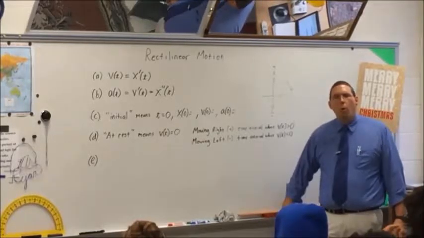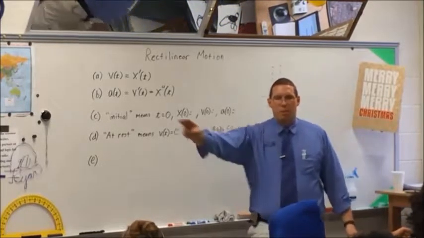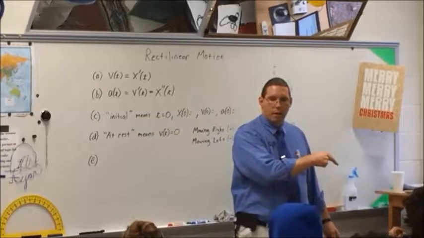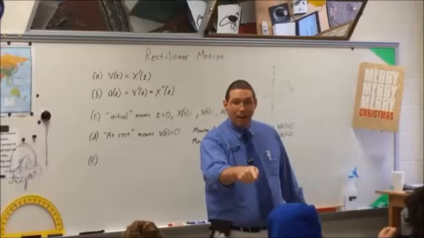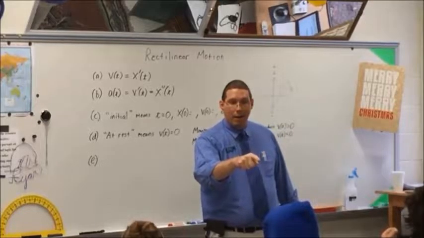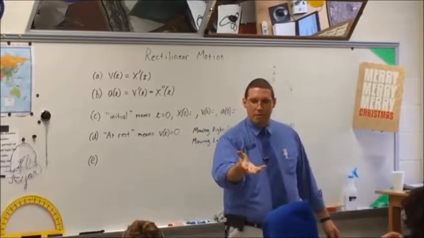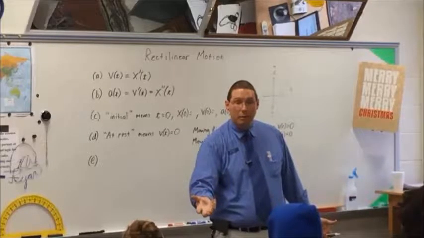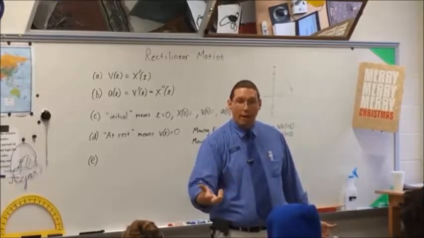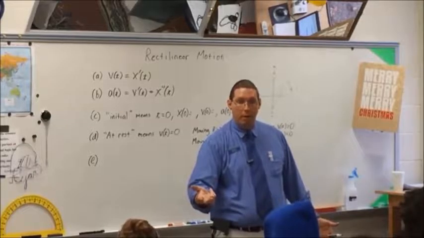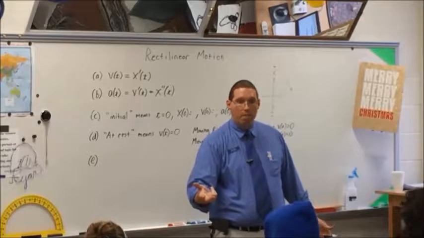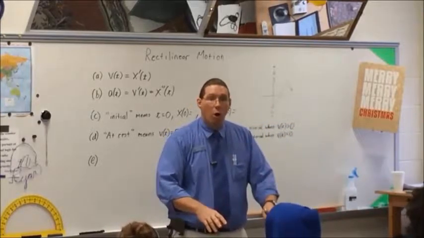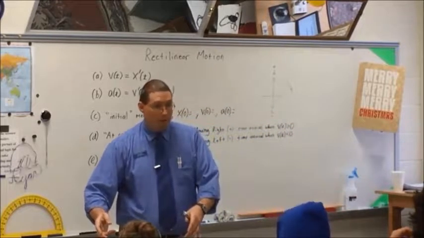What do we know about velocity when the object is going to the right? To go from positive to negative, it has to happen at a 0, right? And what's the other possibility? Going from positive to negative or negative to positive.